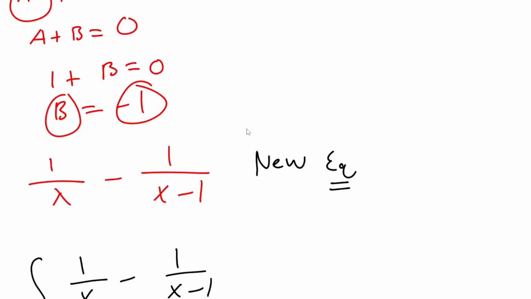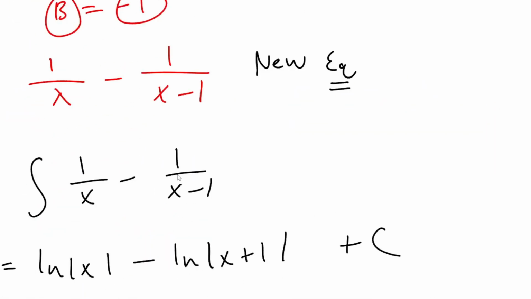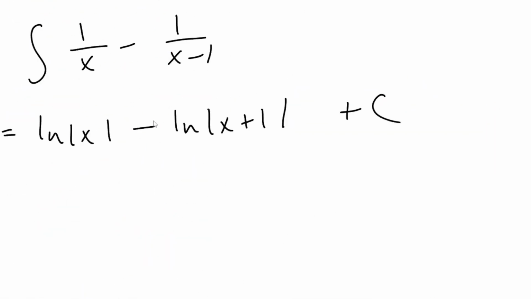Now I potentially forgot something. You guys would have noticed this is my plus c over here. So yeah, now all we do is just put all of these together.